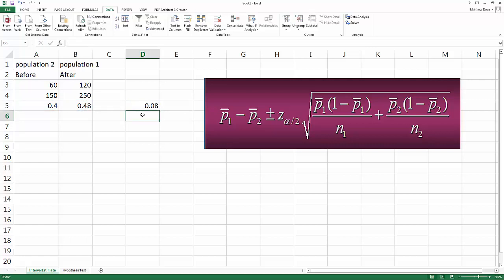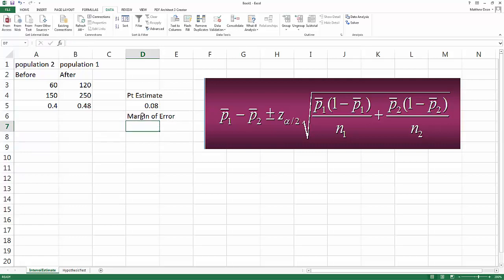So now we want to calculate the interval estimate. So now we need to find the margin of error. This part here is the point estimate. And now we want to calculate the margin of error, which is the Z and all that other stuff.